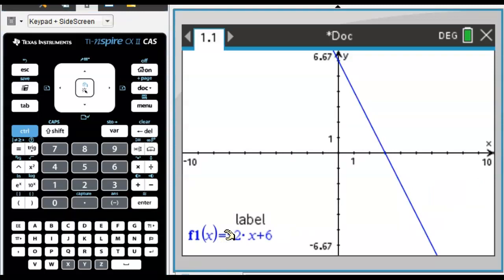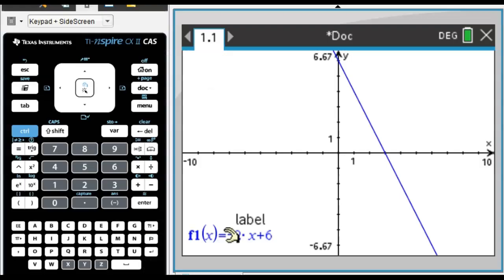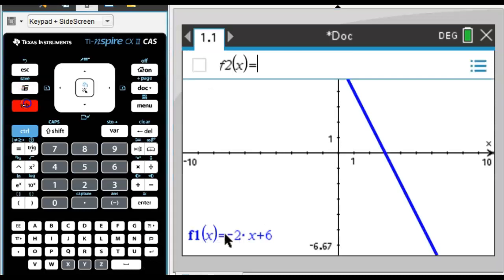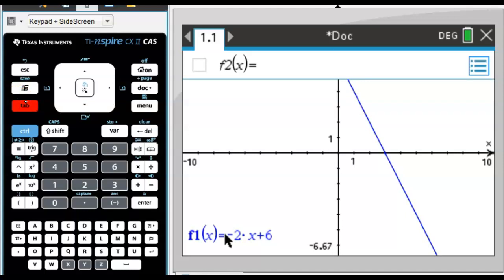Now the second equation in this scenario is 2y plus 3x is equal to 9. The way our calculator is at the moment, we can only enter equations of the form y equals mx plus c.